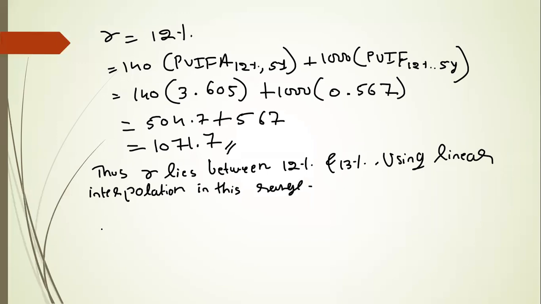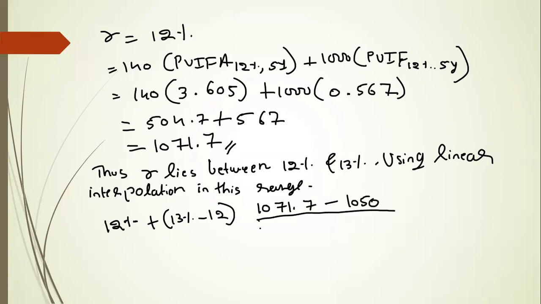So how to do it? 12%, that is the highest we got, plus 13% minus 12. Okay. So when we did this, 1071.7 for 12% minus 1050 for 13%.